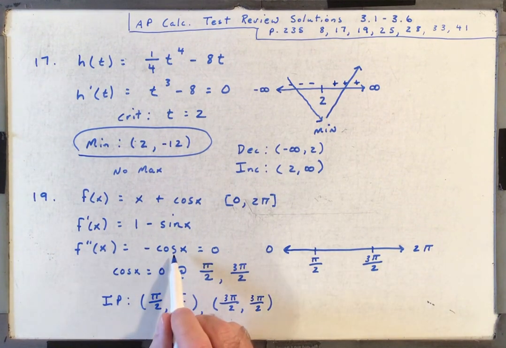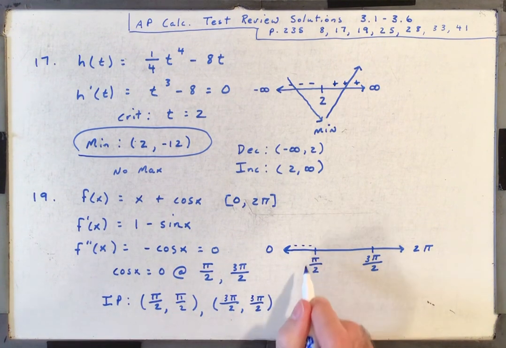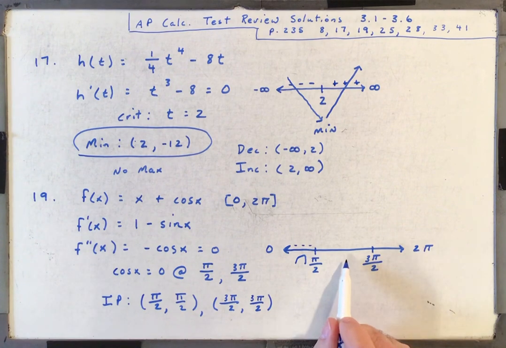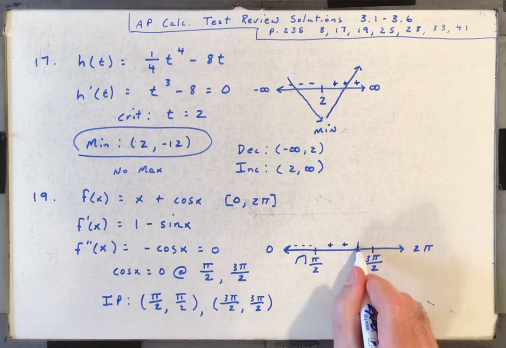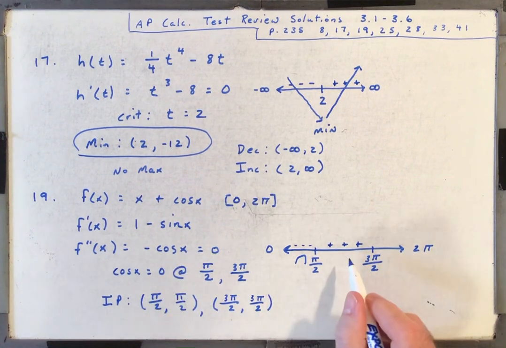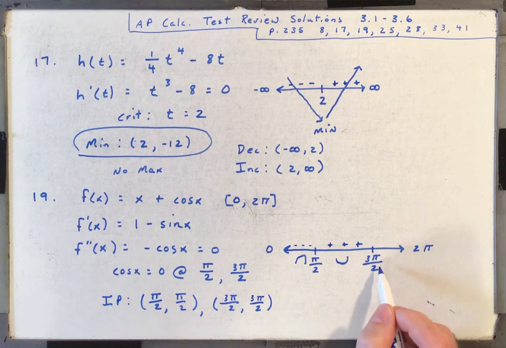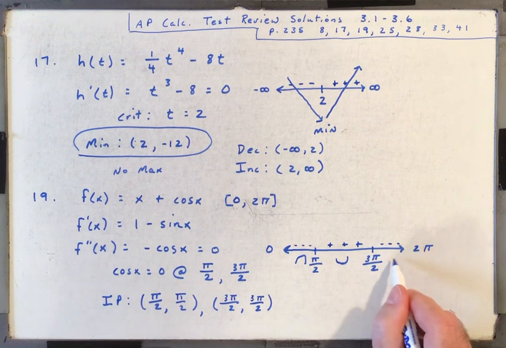So cosine of 0 is 1, so that would be -1. So we're concave down there. Pi would be a good one to pick. So negative, that'd be positive because it's -1. That's positive. So concave up. And then at 2 pi, it would be +1, so negative again, so concave down.